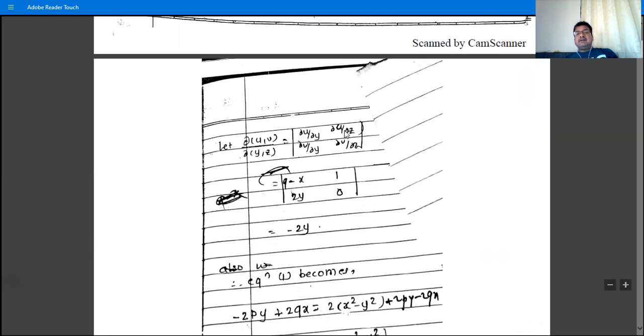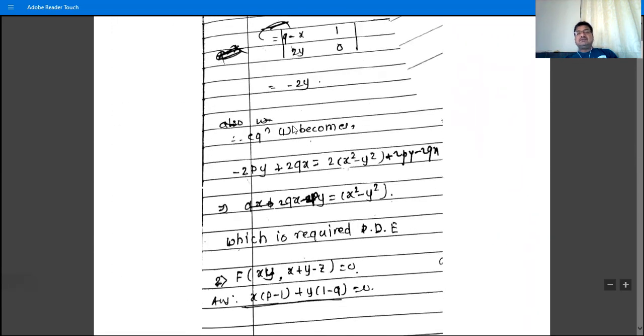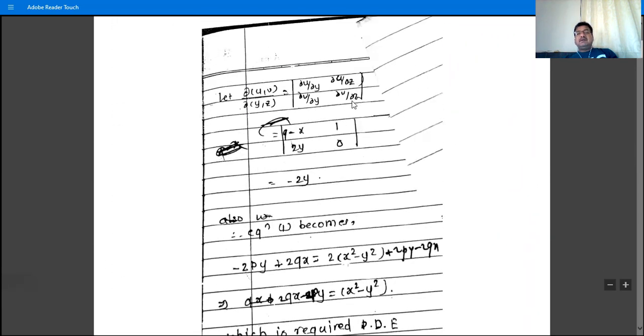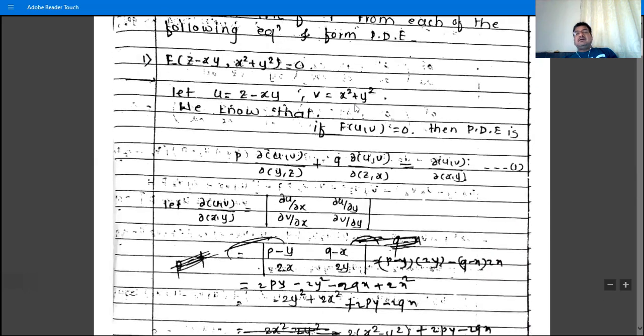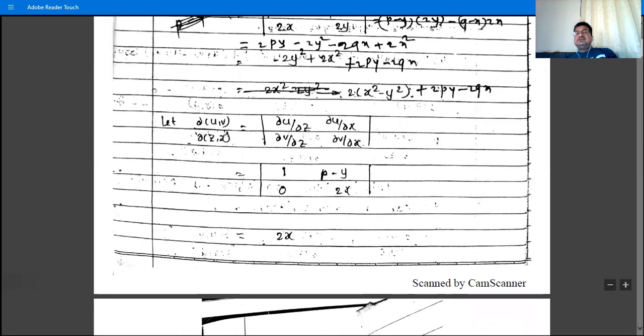And ∂u/∂z is 1, because the derivative of z with respect to z is 1, and the derivative of x into y with respect to z is 0. And then ∂v/∂z, where v is x square plus y square, its derivative with respect to z is 0.